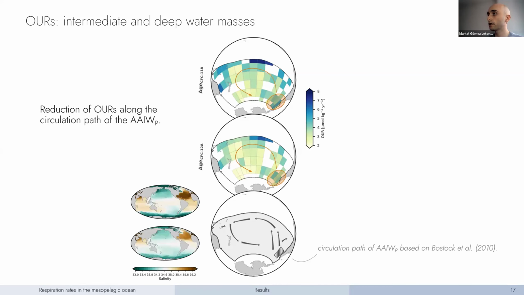And we could see that there's a trend of decreasing values in these rates from its formation area towards the northwest and then to the south, implying that as this water mass circulates and the organic matter pool within it gets transformed and utilized and becomes more recalcitrant, the respiration rates of the heterotrophic bacteria within this water mass also decrease.